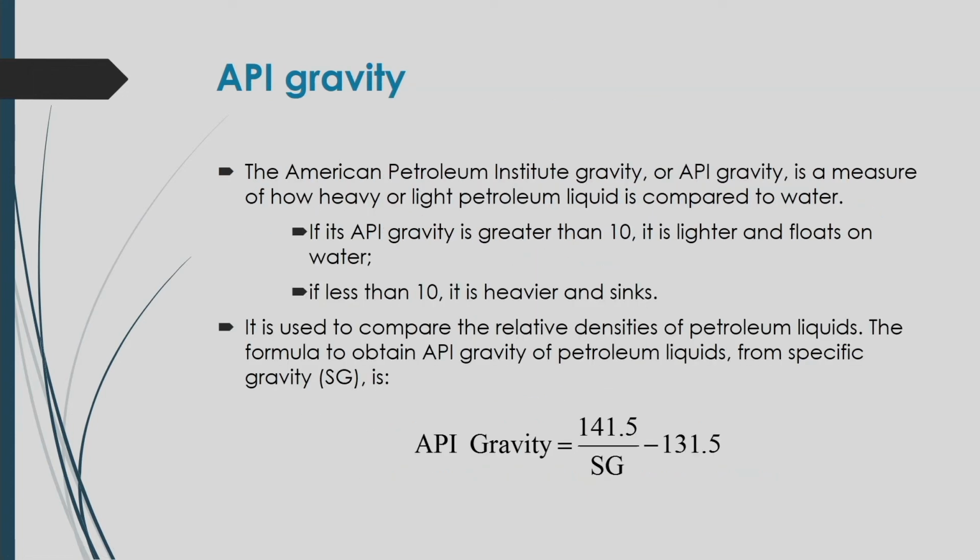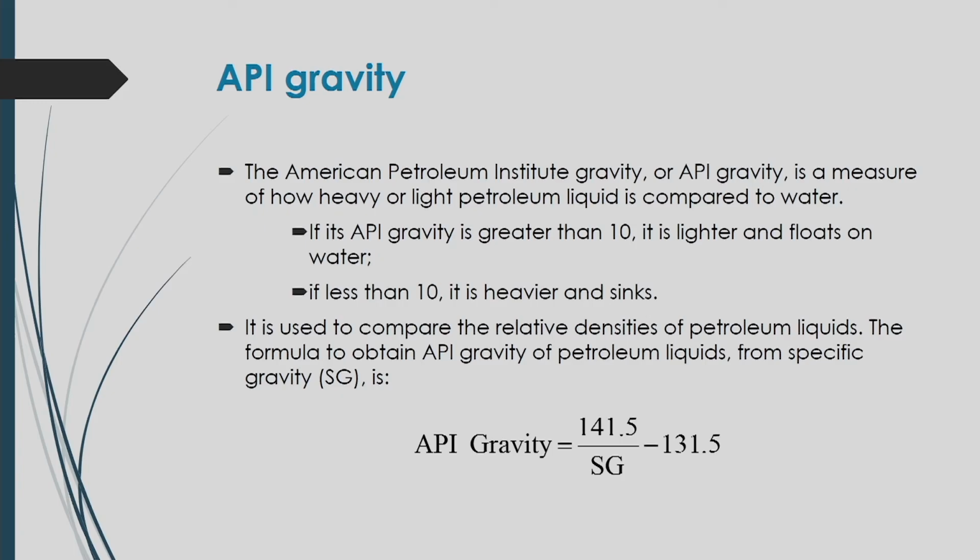Another important process variable by which the process can be assessed is called API gravity. The American Petroleum Institute suggested a measuring system for liquids, whether they are lighter or heavier, based on a certain quantity.